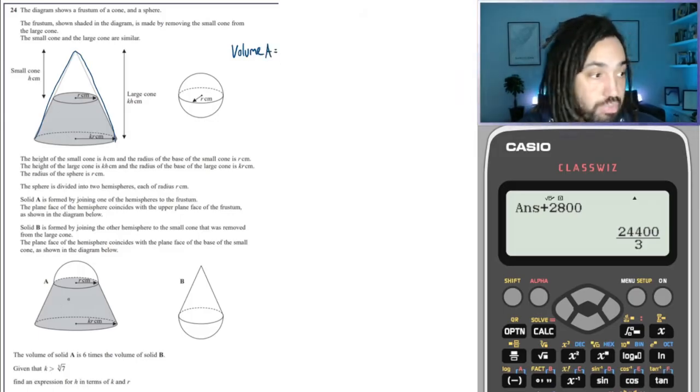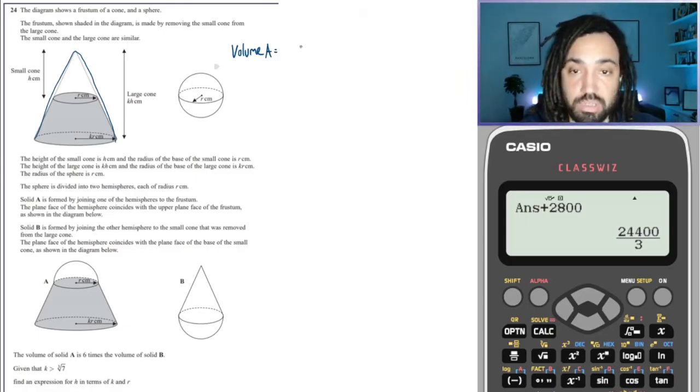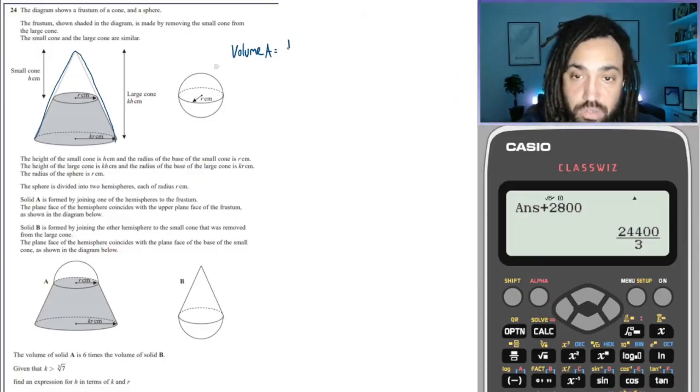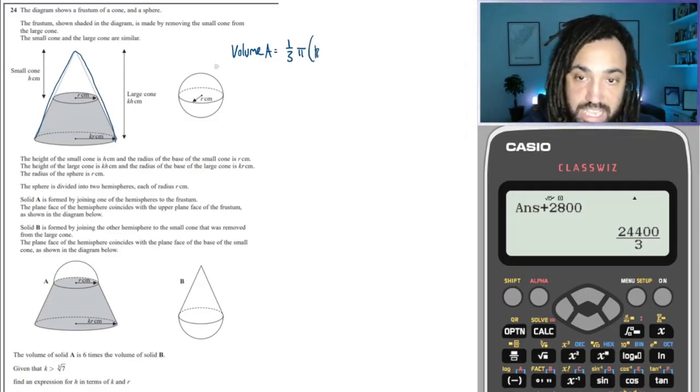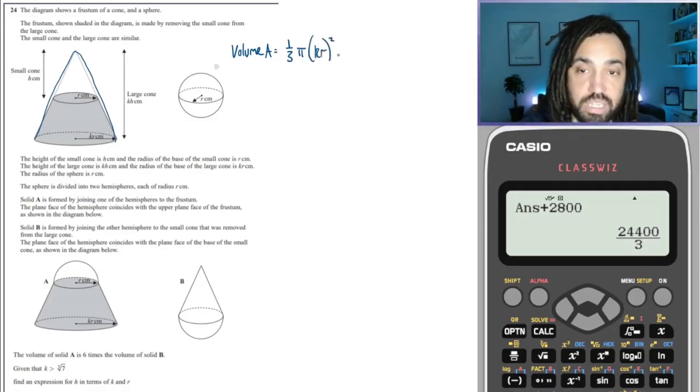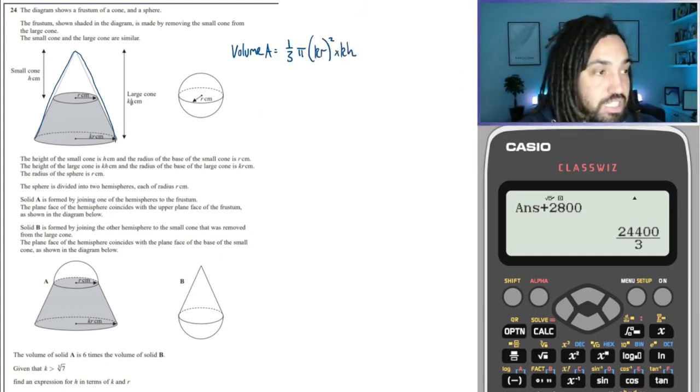The frustum, this part here, is essentially the large cone minus the small cone on top. So the large cone will be a third pi r squared, and r in this case is kr, multiplied by the height, which is kh, as it says here.